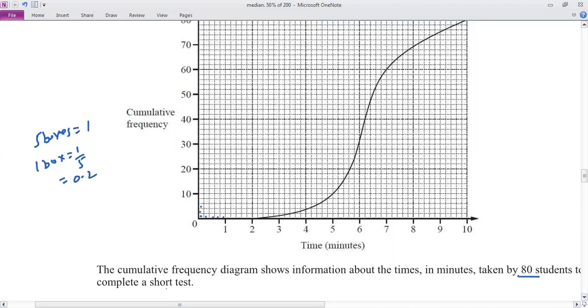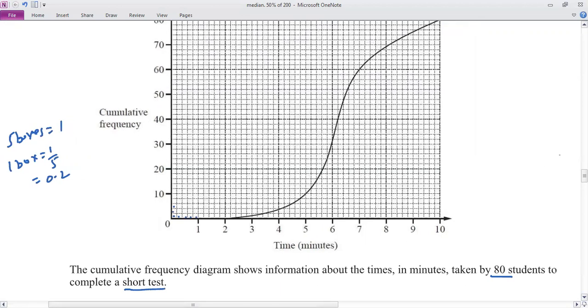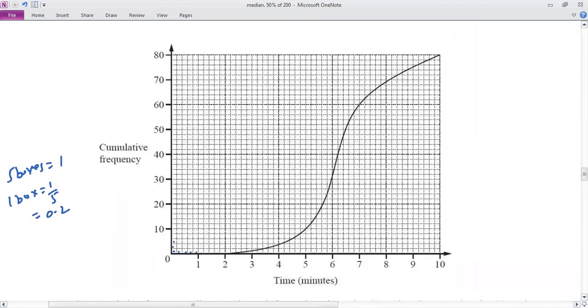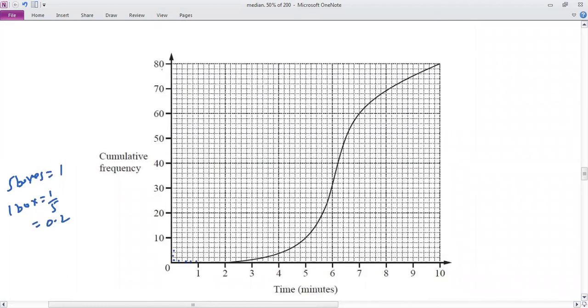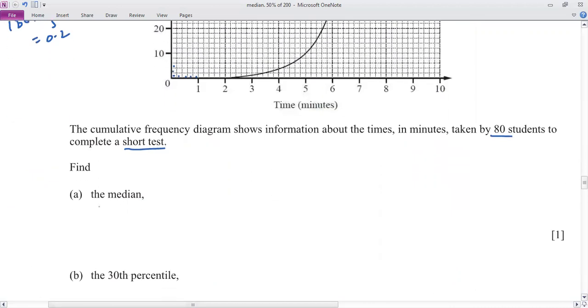And this is a cumulative frequency curve for the time taken by 80 students to complete a short test. So the total cumulative frequency is 80. Find the median. Median means 50% of the total, yes?